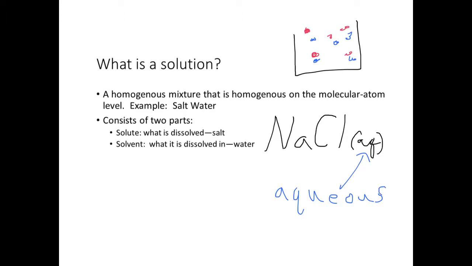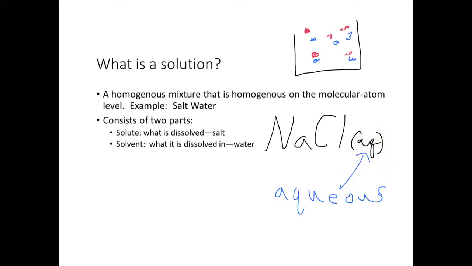Most of the time when you have a solution notation, you'll write the elemental name or the chemical formula of the solute, and then you'll use the phase notation, parentheses with an abbreviation around it, to denote the solvent. Most of what we'll be doing this semester, nearly everything, will be an aqueous solution. We're not going to be using solvents other than water really here.